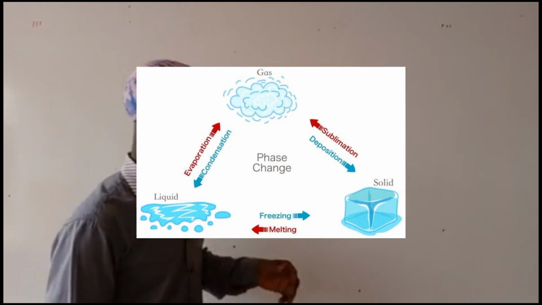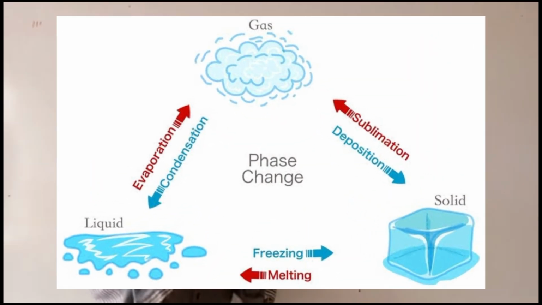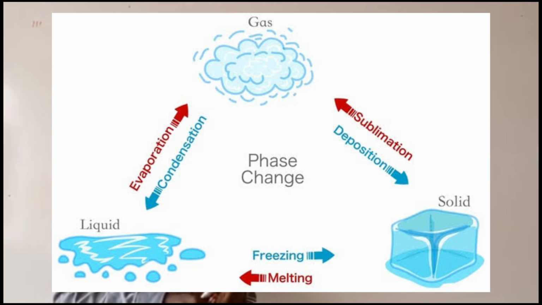Now, the next thing is the stages, how a substance changes from one form to another. Each stage has its own specific name, and it used to come out in exam questions. As you can see from the diagram, when solid is changing to liquid, we call it what? Melting.